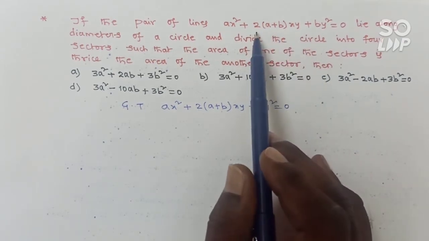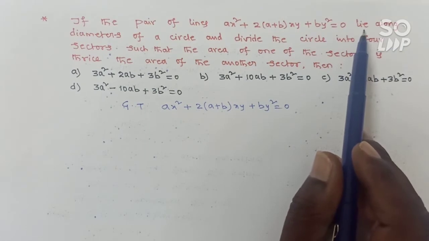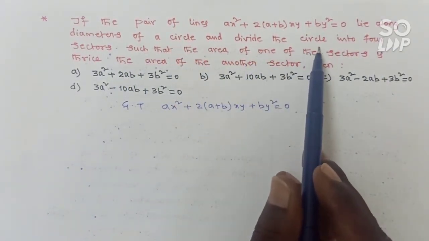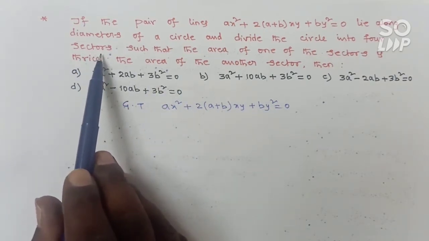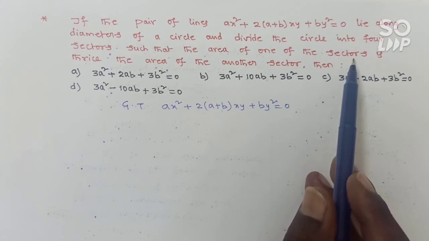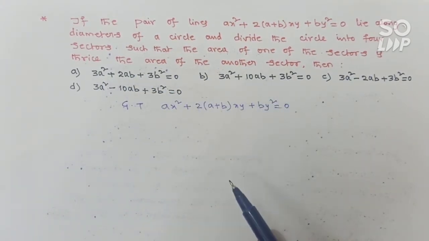And see this given question. The pair of lines lie along diameters of a circle and divide the circle into 4 sectors such that the area of one of the sectors is thrice the area of another sector.